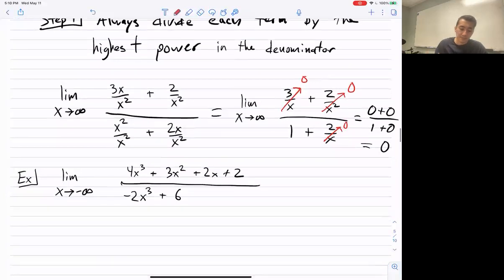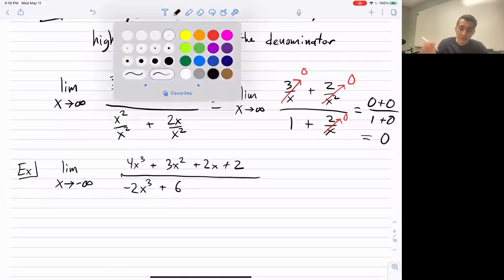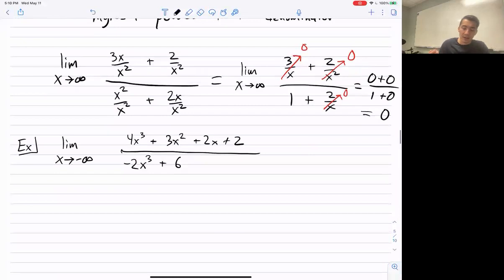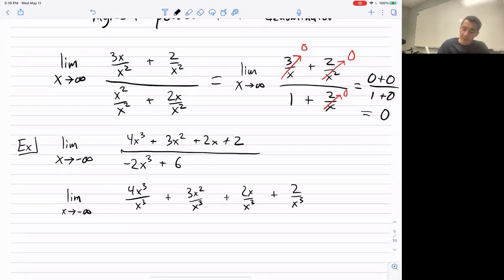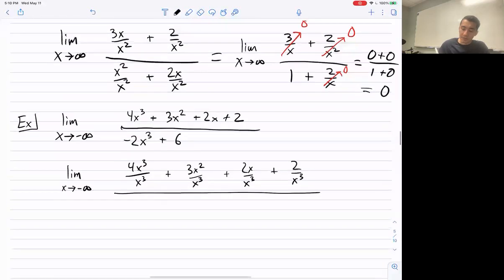Let's try another one. So what is the highest power showing up? It's x cubed. And so this is the limit as x approaches negative infinity, dividing every term by x cubed, plus 3x squared over x cubed plus 2x over x cubed plus 2 over x cubed, all over negative 2x cubed over x cubed plus 6 over x cubed.